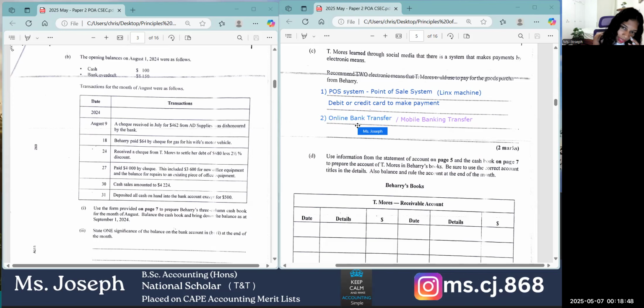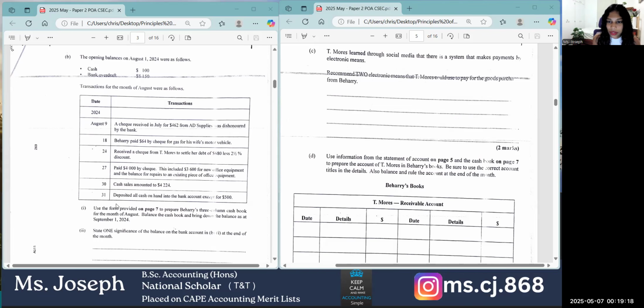Those are 2 answers you can have. In addition to this, you could say something like payment through Bihari's website, if he has that option available. A lot of y'all will be familiar with this because you can make payments online like that when you're purchasing, right? Okay, so that's part C.